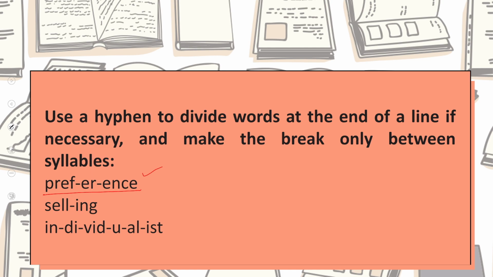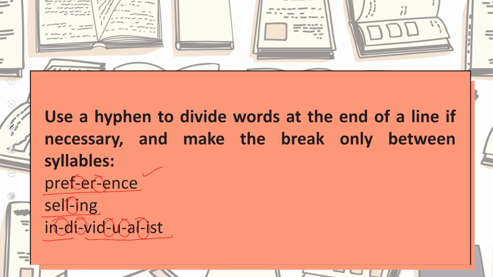If you do not break it down clearly, then the reader will not be able to understand your message. Selling, individualist. So you can see that in order to break down the syllables, you can also use your hyphen punctuation mark.